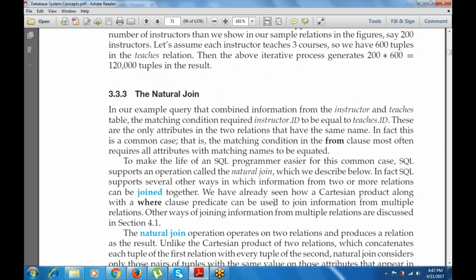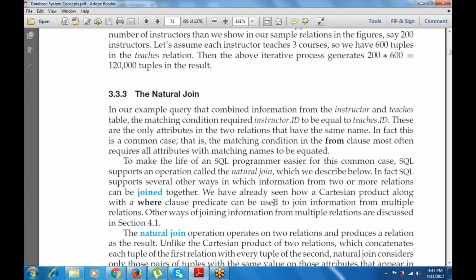So in our example query that combines the information from the instructor and teaches tables, the matching condition required instructor.id to be equal to teaches.id. And these are the only attributes in the two relations that have the same name. In fact, this is the common case, that the matching condition from the from clause most often requires all the attributes with matching names to be equated.